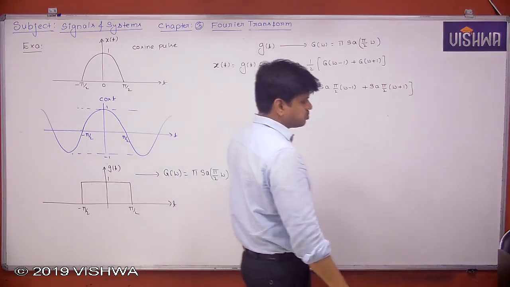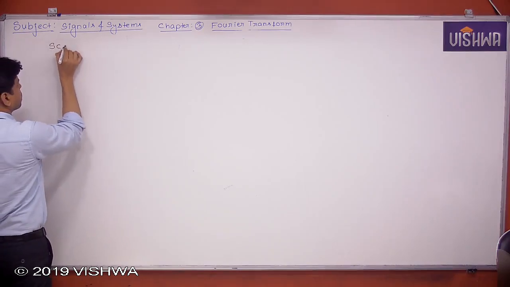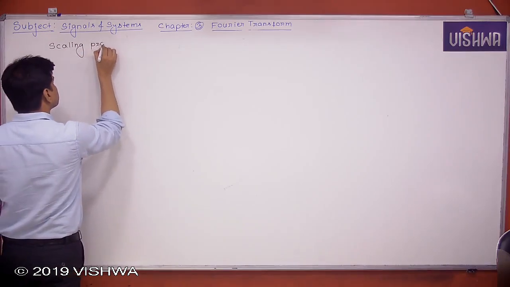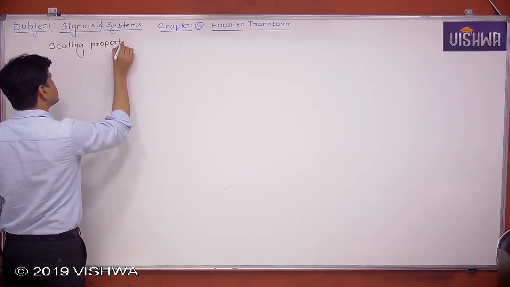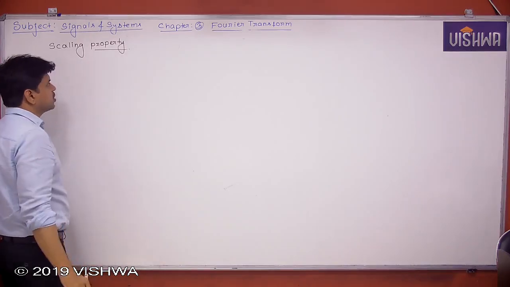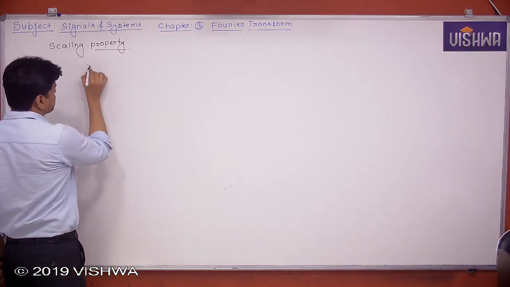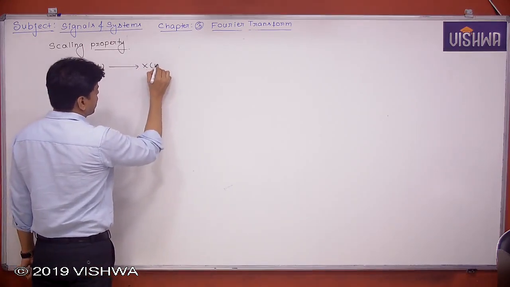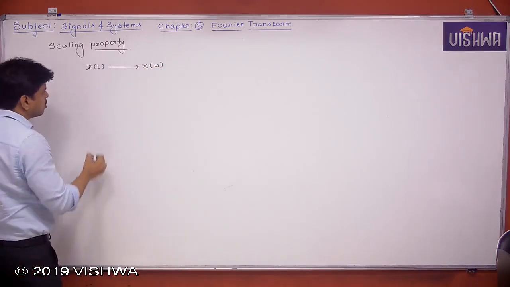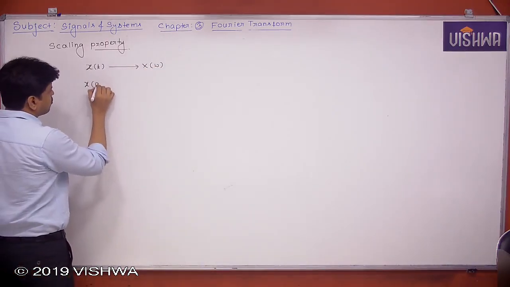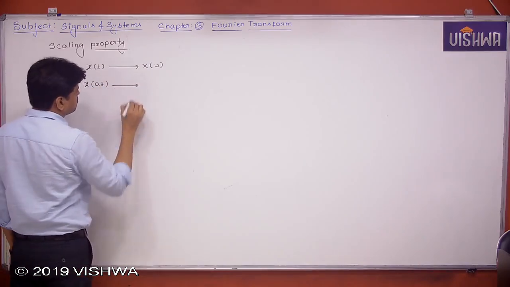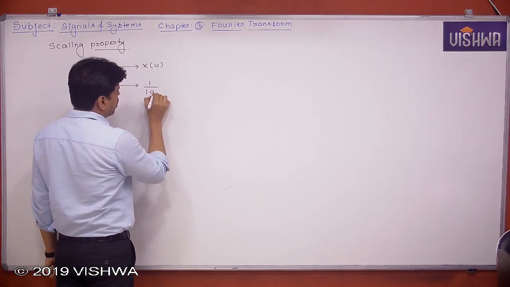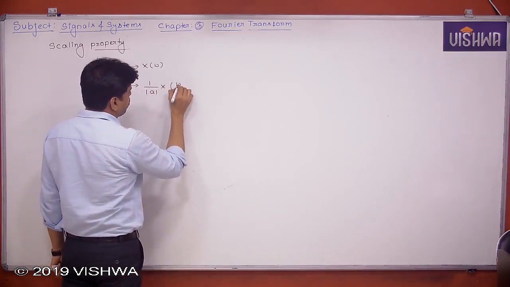Take it. Suppose I take a signal x of t having Fourier transform x of omega. What if I take a signal x of at, time scaling? Then the Fourier transform, I am directly giving you, is 1 by mod a x of omega by a.